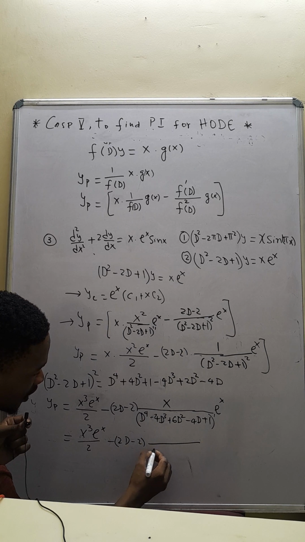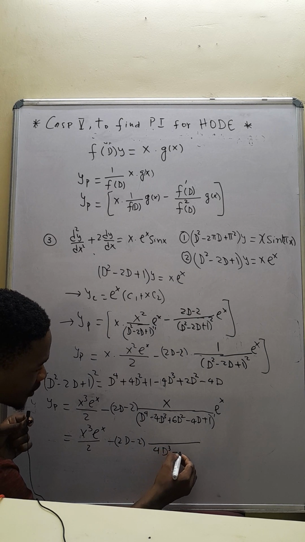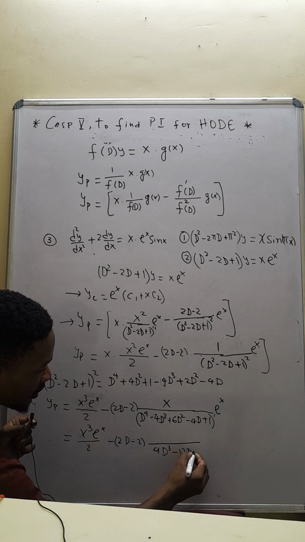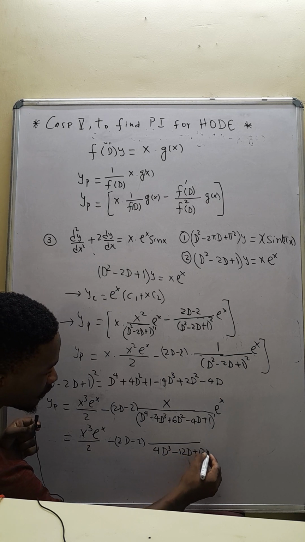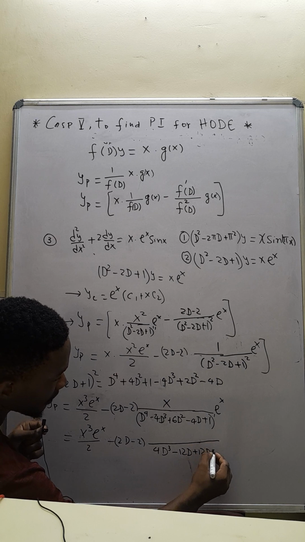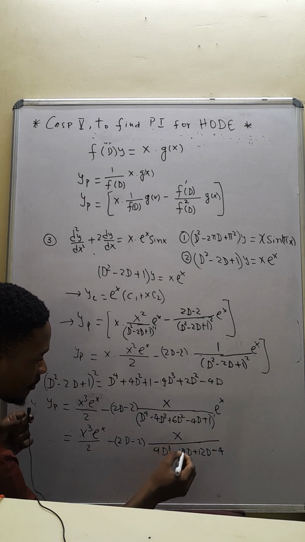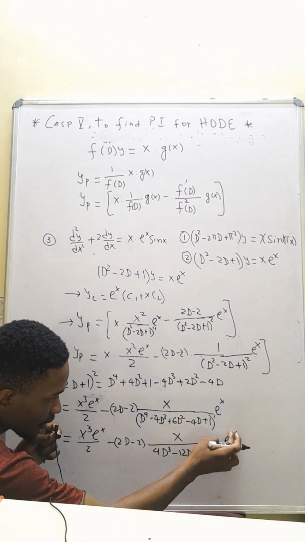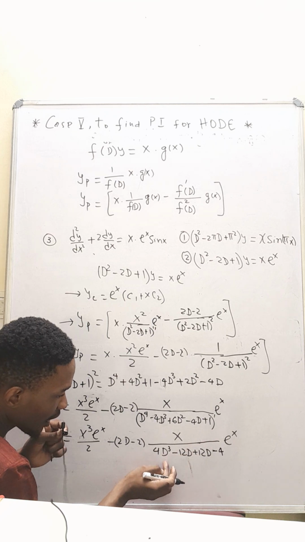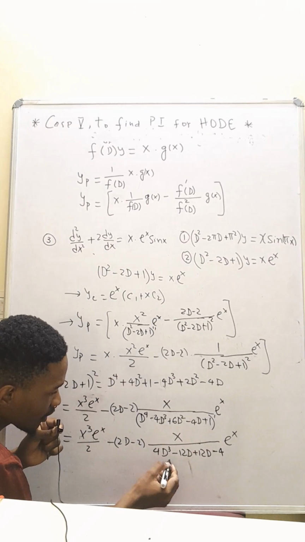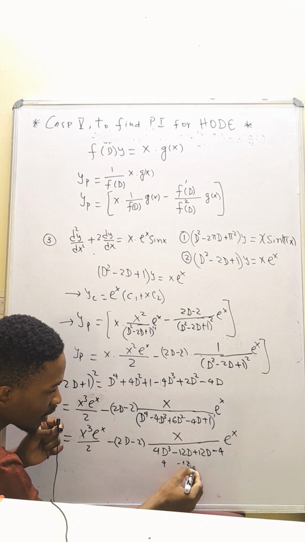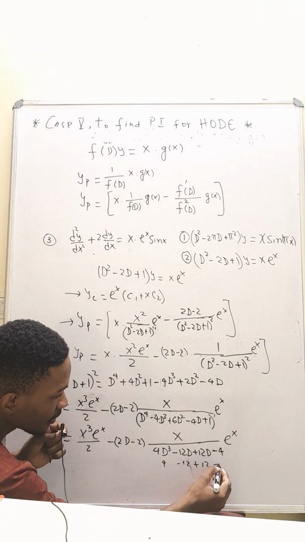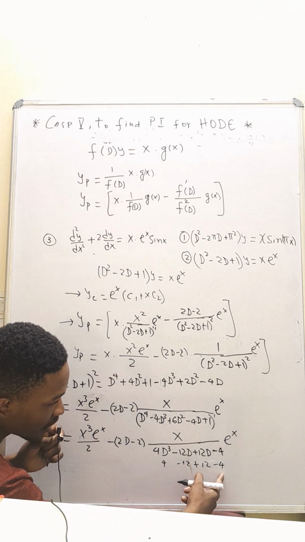It will be 4d cubed minus 12d plus 12d, minus 4. Now if you substitute 1 here in d, you get 4 minus 12 plus 12 minus 4. It will be 0 again.